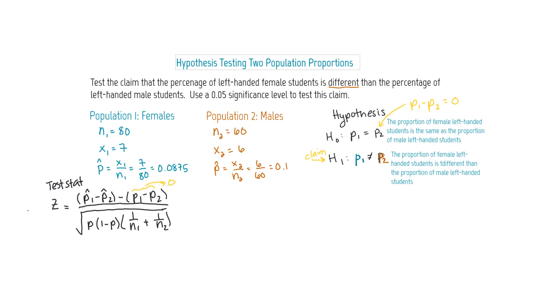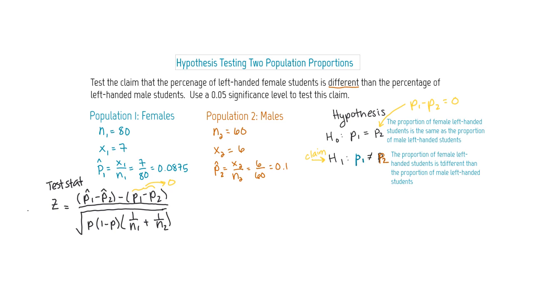So let's go through all the pieces necessary in order to calculate Z. So first of all, you need P1 hat, which is our population 1's sample proportion. So that's 0.0875. And you need P2 hat, so that's our second proportion's sample proportion.